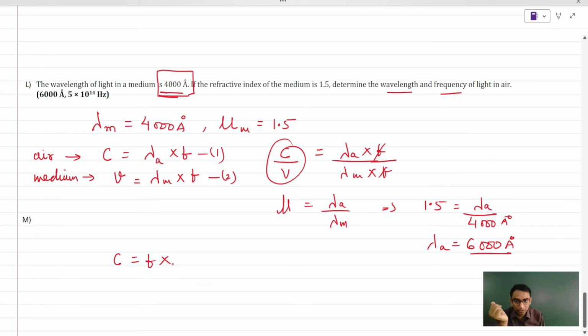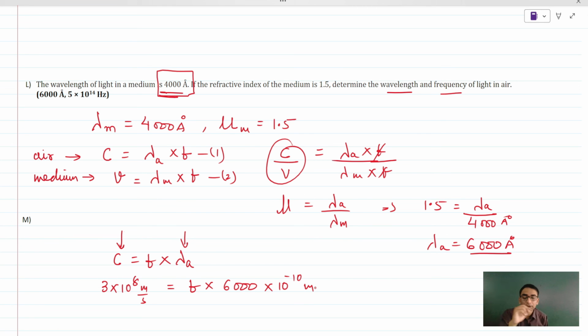C is equal to F into lambda. You can use equation 1 or 2, that's your choice. You will get the same answer because the frequency is independent of the medium. But you need to be careful that here the wavelength in the air is used, so the speed in air has to be substituted. Wavelength in air is 6000 into 10 raised to minus 10 meters, because we need to convert that into meters, because over there we have the speed in meters per second.